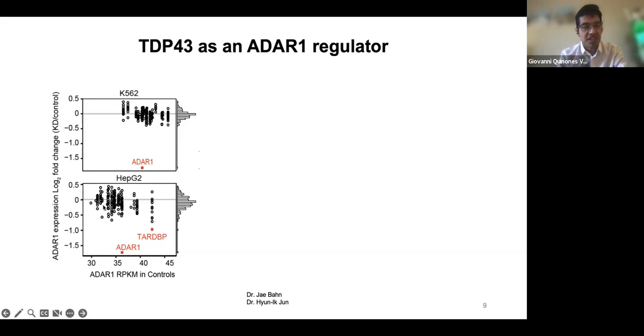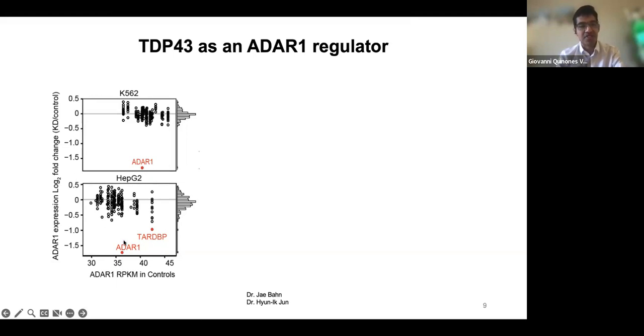So you can see the expression of the ADAR protein in the different RNA-seq knockdowns that we have. So for example, when we knock down ADAR1, then the ADAR1 knockdown is going to have the lowest ADAR1 expression.